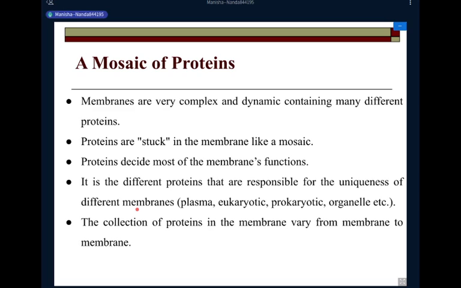So their membranes are different, they contain different types of proteins in different compositions that give uniqueness to each and every type of membrane present in different living systems. So the collection of proteins in the membrane varies from membrane to membrane, that is, from one type of cell to another.